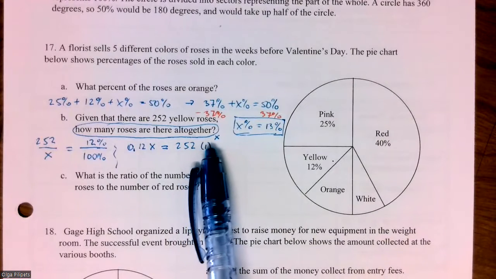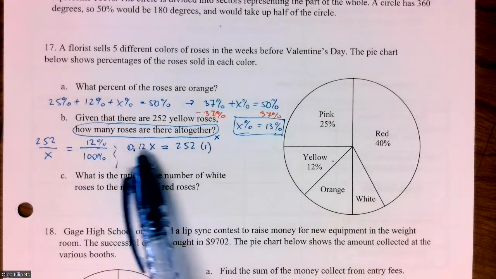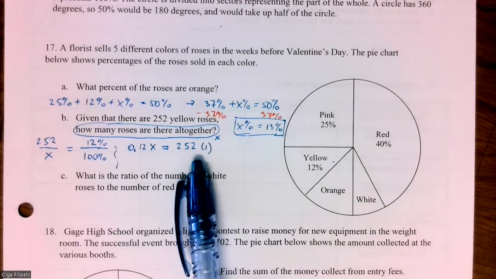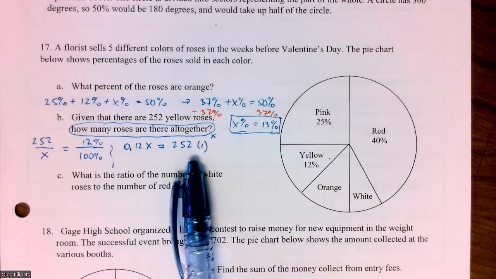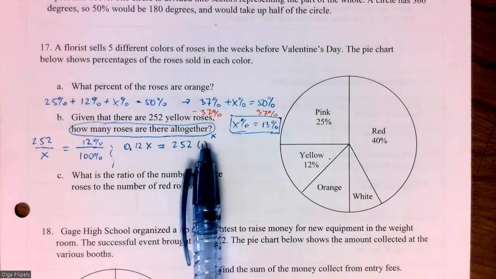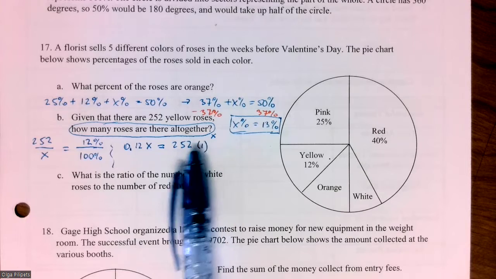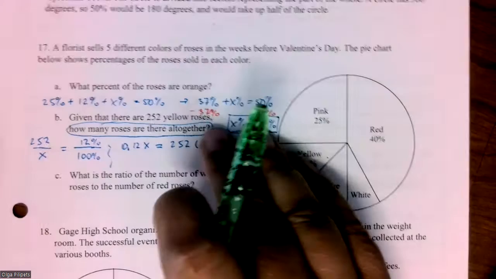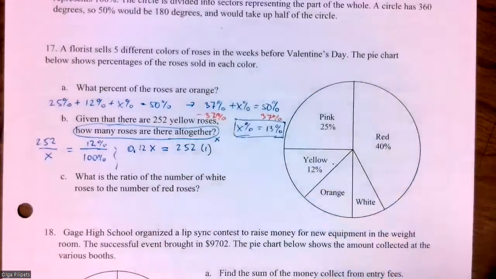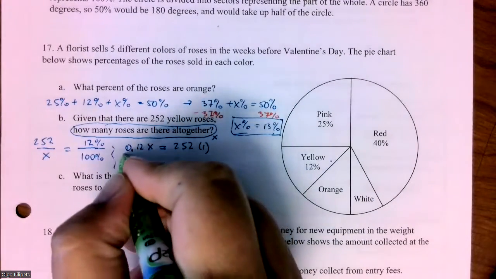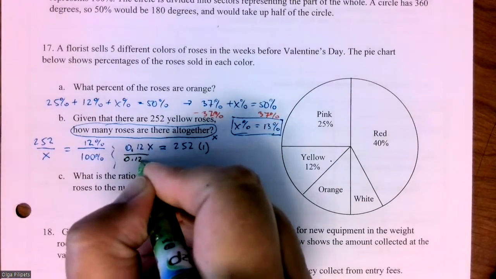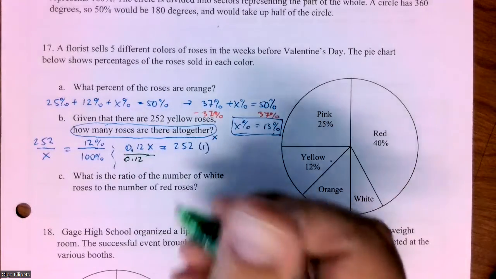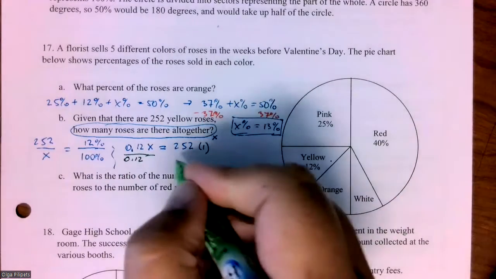So basically we can ignore that 1 for now because 252 times 1 is 252. In order to save space, I would normally just copy this line without the 1 there, but because there's not enough room here, I'm just going to ignore it, pretend that it's not there. And I'm going to divide both sides by 0.12 because I need to solve for X.